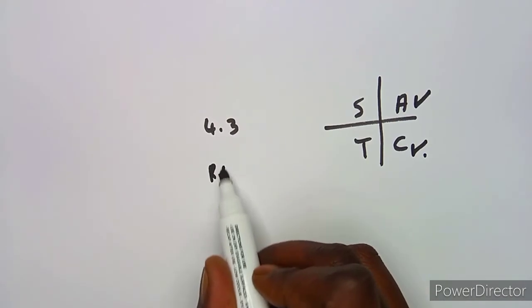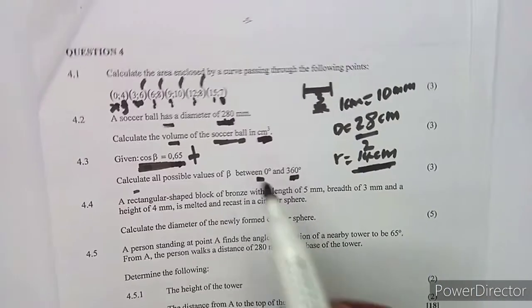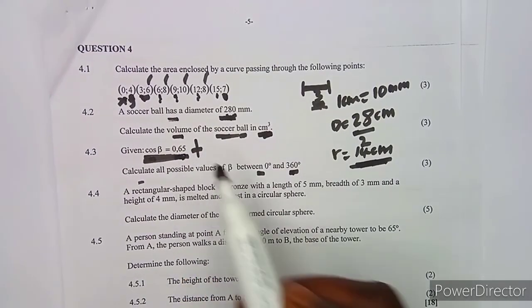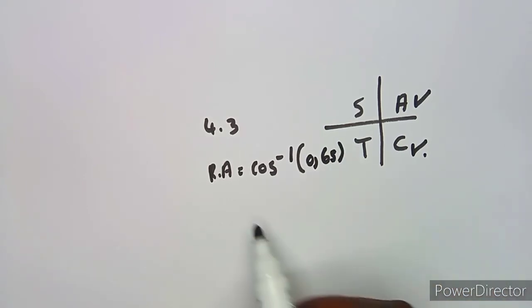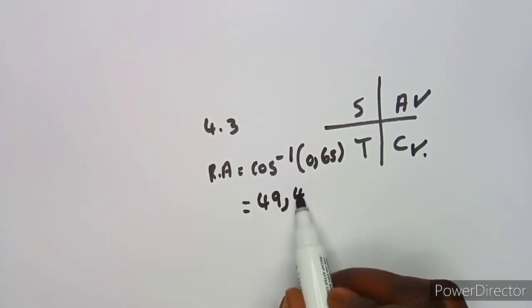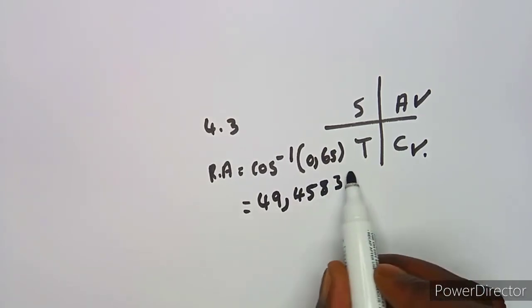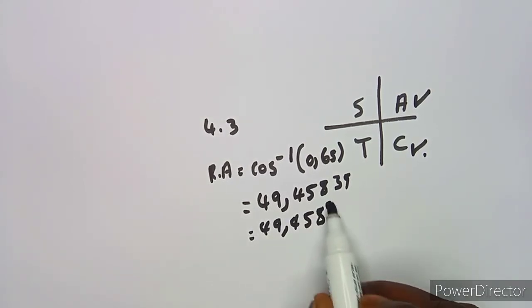So you're going to find the reference angle, which you find by arc cos of this decimal, arc cos 0.65. That gives us 49.4583, something like that, which is 49.458 degrees.